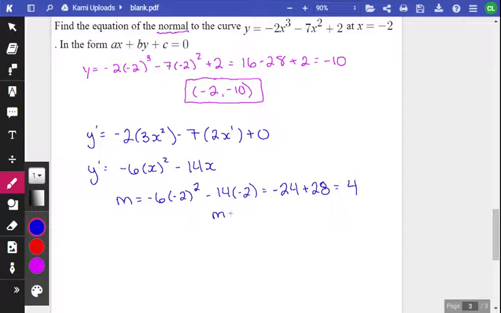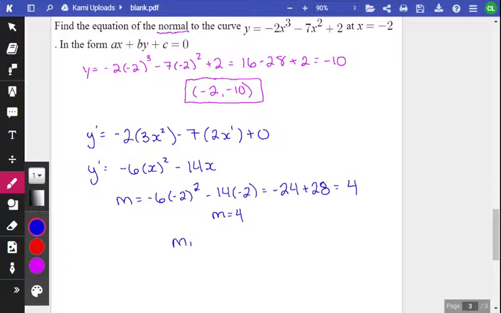So now I have my slope, but this is the slope for the tangent. So this is where we start to change. So remember, a tangent goes along the curve and touches it at one point. But the normal is perpendicular to it. So in order to find the equation to the normal, we need to find the perpendicular slope.